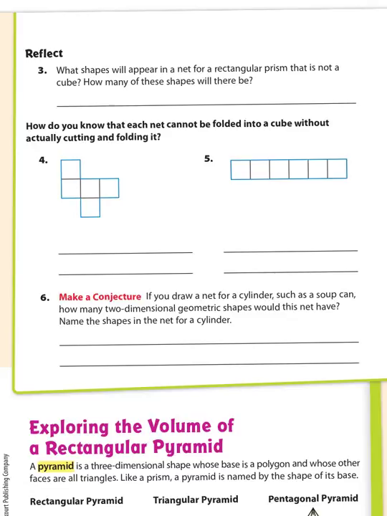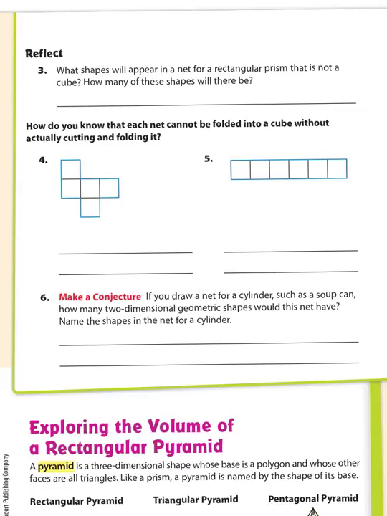So let's look at number 3, which is a little different. You're going to have some different shapes here, but it says what shapes would appear in a net for a rectangular prism that is not a cube? And then how many of these shapes will there be? Okay, so if you're going to have a rectangular prism that's not a cube, they're not going to be squares.